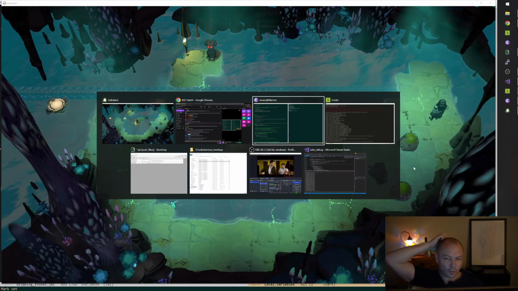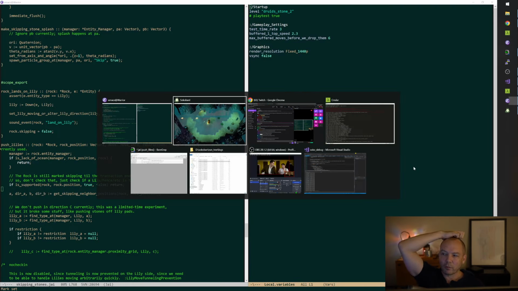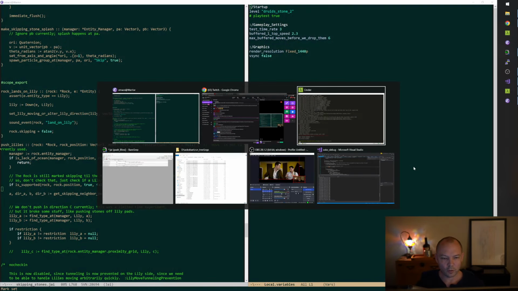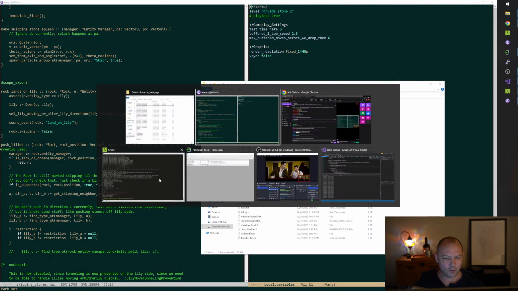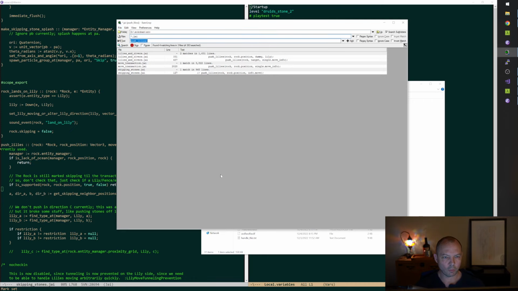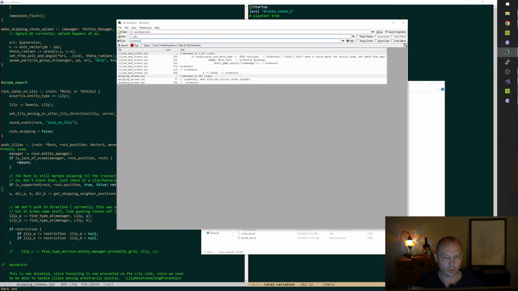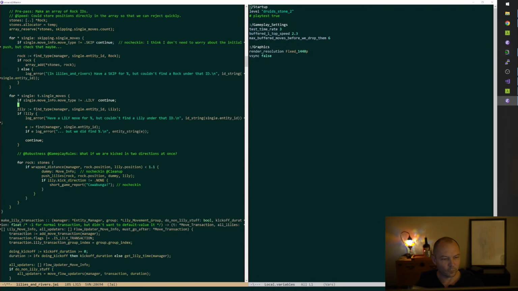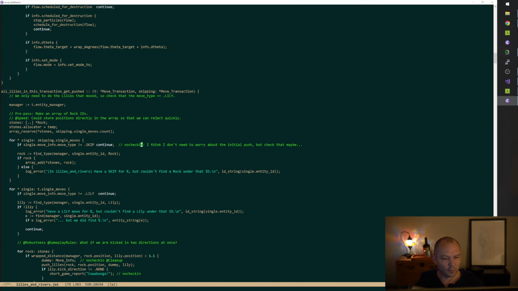I think that's all the levels that we needed to replace. And so I'm going to look at the no chickens, of which there are a couple, I'm sure. Oh boy, there's a couple. Okay, let's think about the initial push.